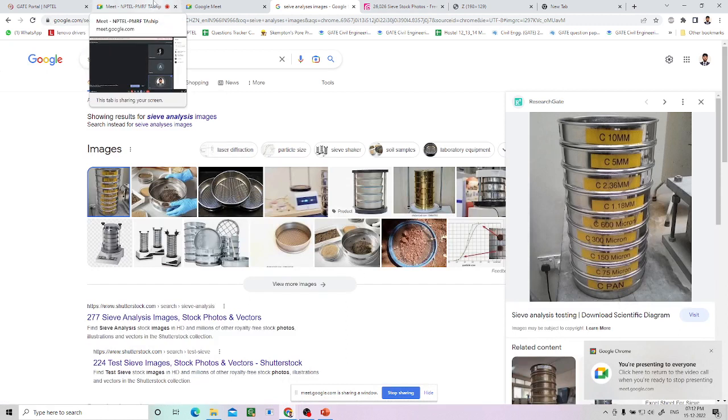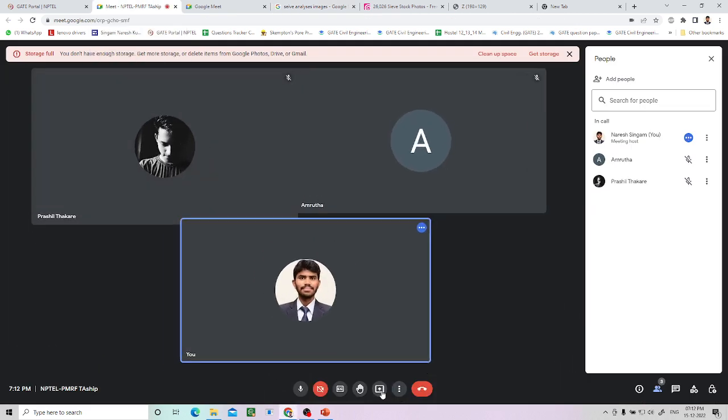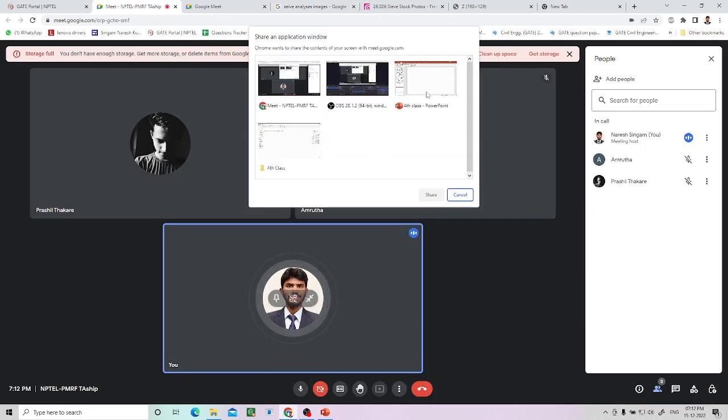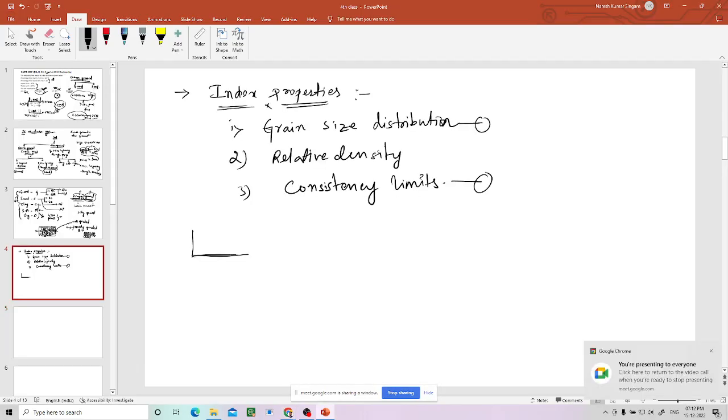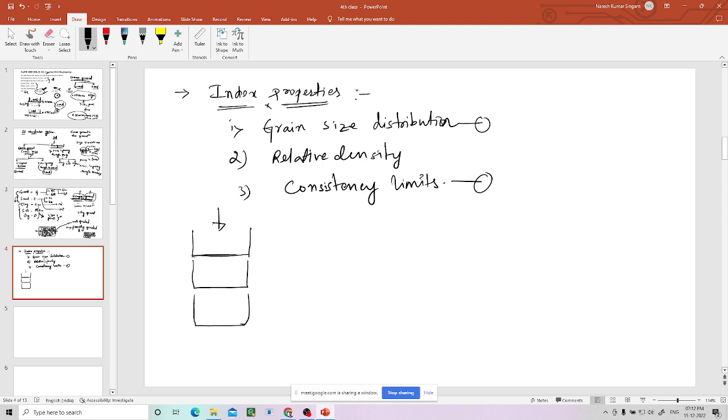Now coming back to our presentation. Here you have just seen the sieves, and they are arranged like that. From the top view, it will be in circular shape, or else I can show you an isometric view also.